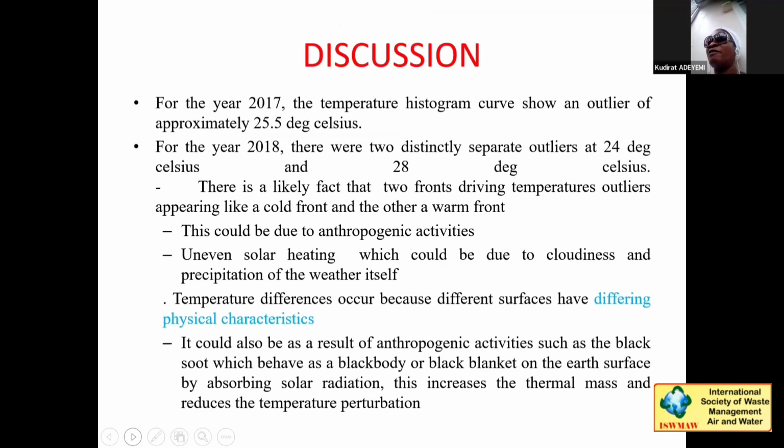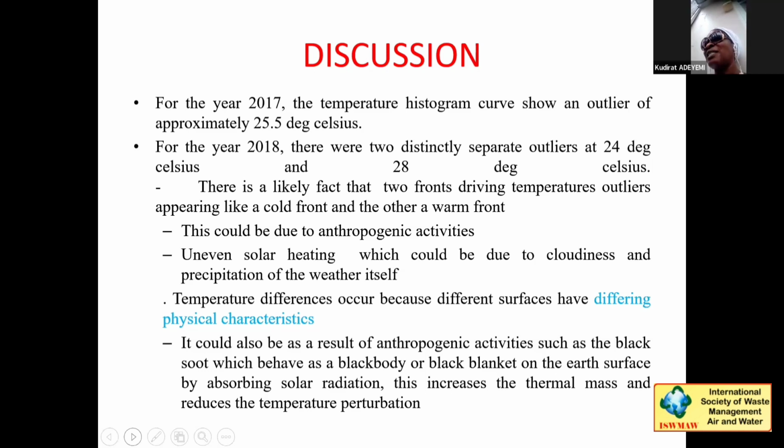For the year 2017 chart, you will see that the extreme temperature is at 25.5 degrees Celsius, and this occurs for 80 days in the year. Then for the 2018 chart, that's the second one, you can see that we have 2 distinctly extreme temperatures, at 24 and at 28. 2 distinctly extreme temperatures. That is the focus of our interest.